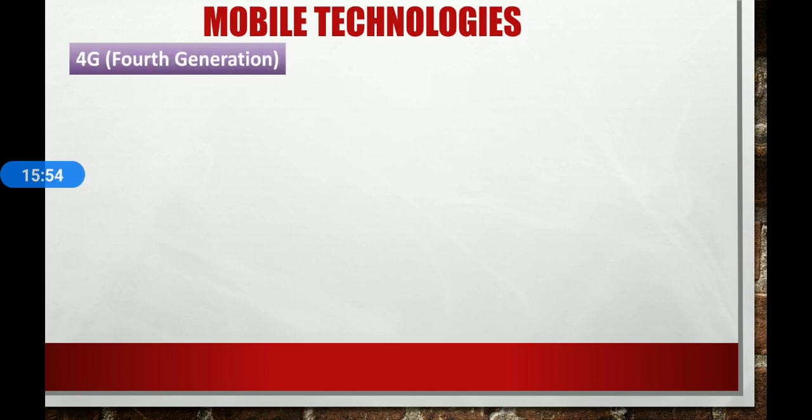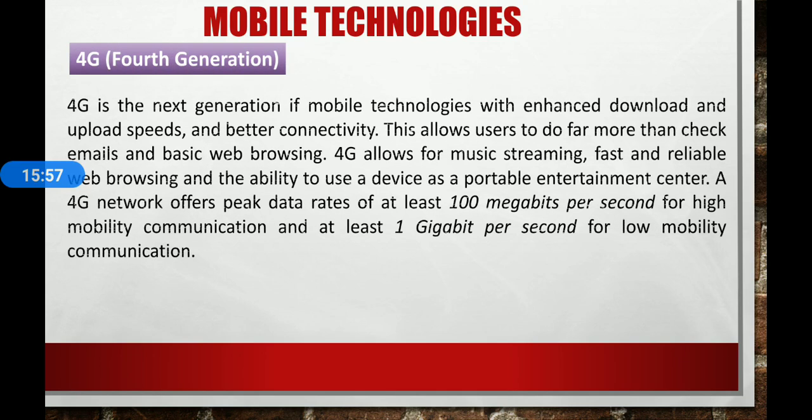Now next is 4G, fourth generation mobile phones. 4G is the next generation of mobile technology with enhanced download and upload speed and better connectivity. This allows users to do far more than check emails and basic web browsing. 4G allows for music streaming, fast and reliable web browsing, and the ability to use a device as a portable entertainment center.